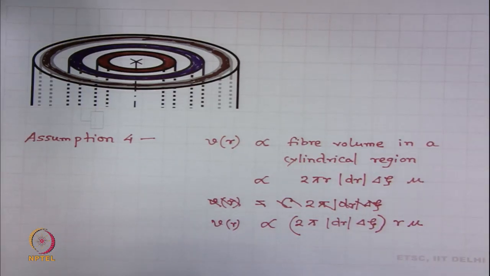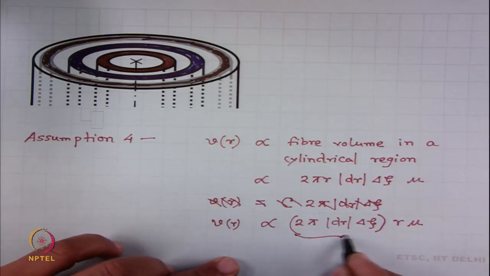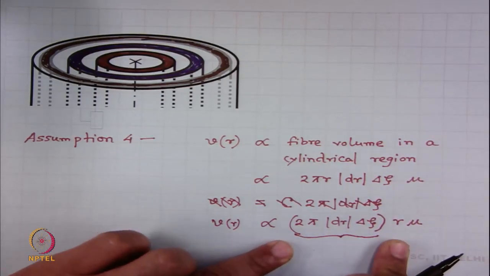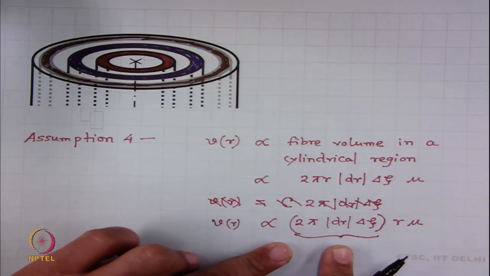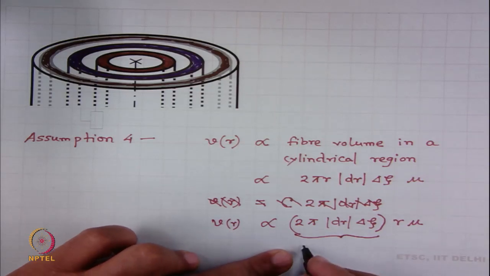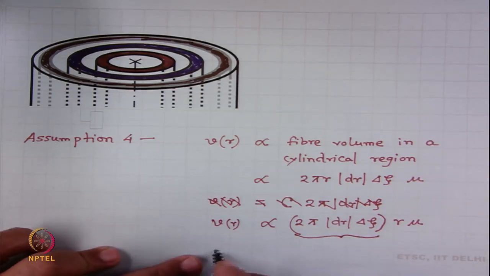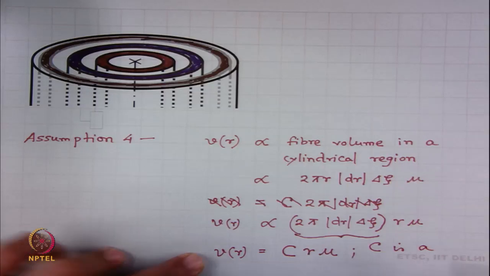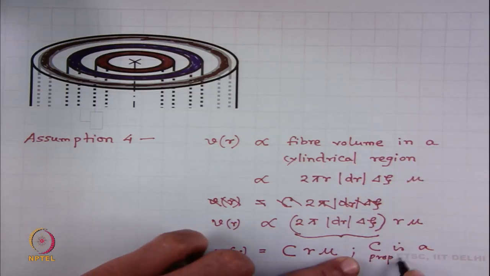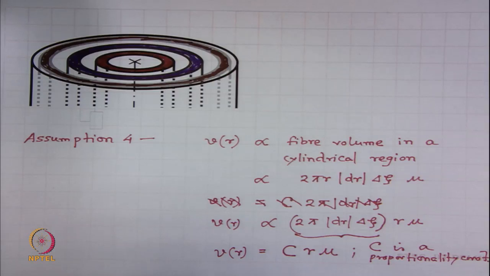If you look carefully, the quantity within the parenthesis is a constant. This is the same for all r. So, we can write nu r is a constant into r into mu, where C is a proportionality constant.